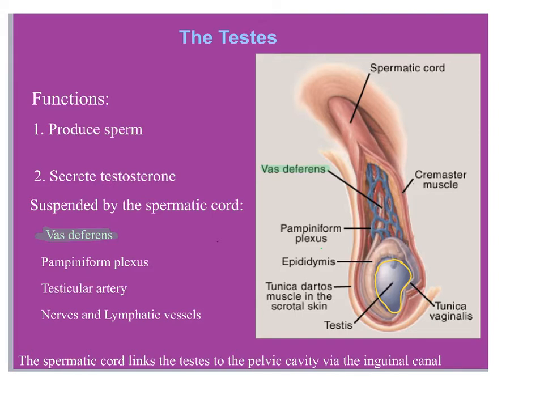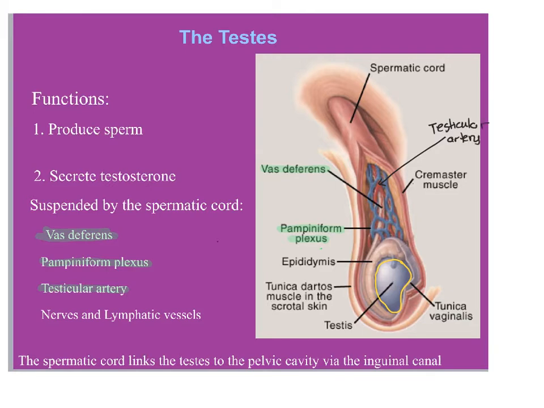Another structure that makes up the spermatic cord is the pampiniform plexus, that blue network of veins that you see there. The testicular artery is also a component of the spermatic cord. And I should probably draw an arrow to that because it's not labeled here for you. So that's a branch of the testicular artery.